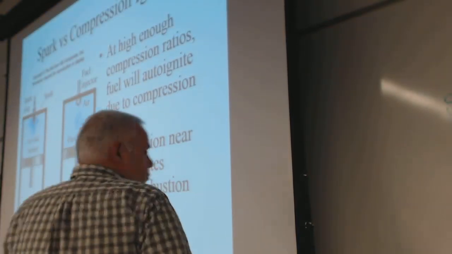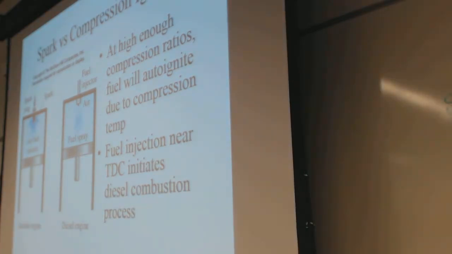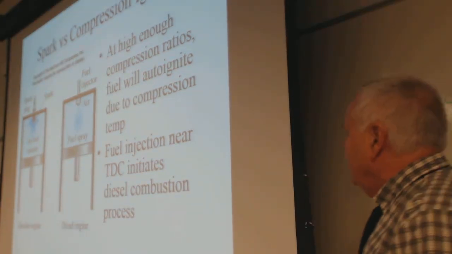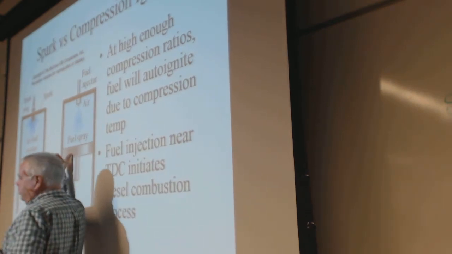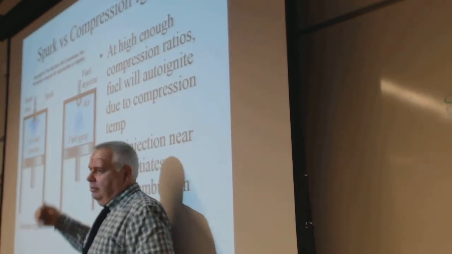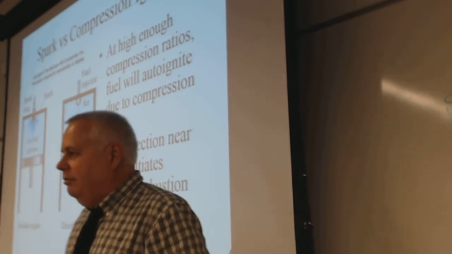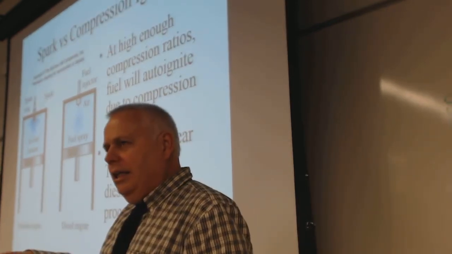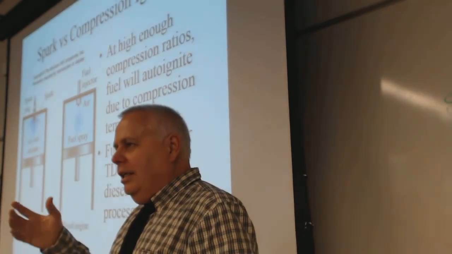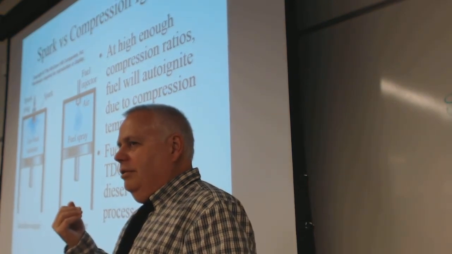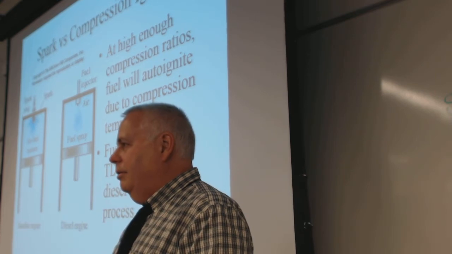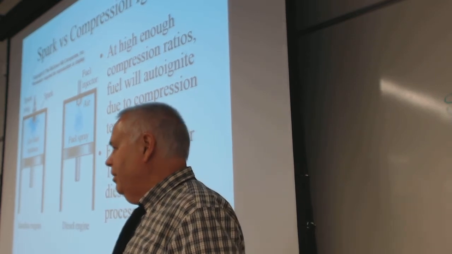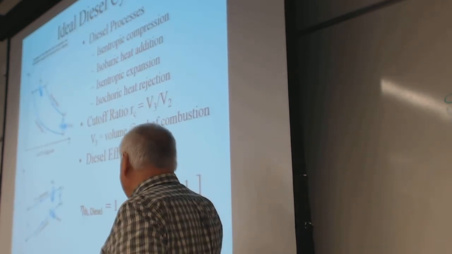So that's the conceptual difference in how they operate. This might have 8-to-1 compression. This needs to be more like 18-to-1 to work, sometimes 20-to-1. And remember on the ideal gas, or on the Otto cycle, the theoretical efficiency was limited by just the compression ratio. That was all that really mattered.